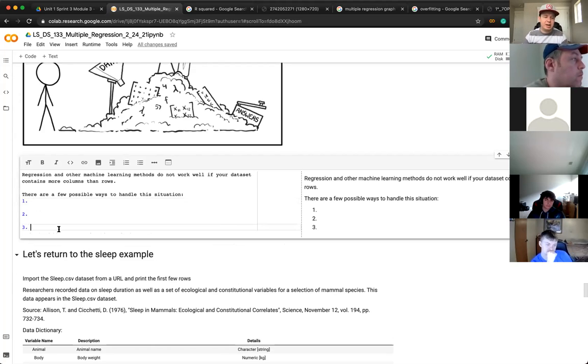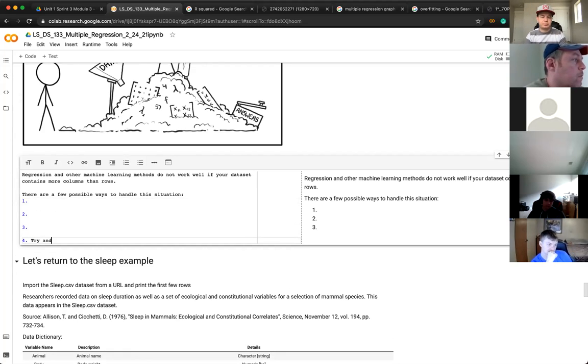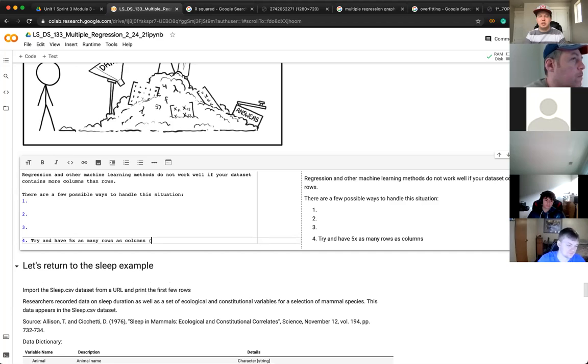I'm going to actually add that on here as a number 4. And it's not really columns of data. It's really variables in your model, right? Maybe our original data set only has 7 columns, but then after feature engineering, we end up with 10 or something like that, right? So 5 times as many rows as variables in your model, okay?